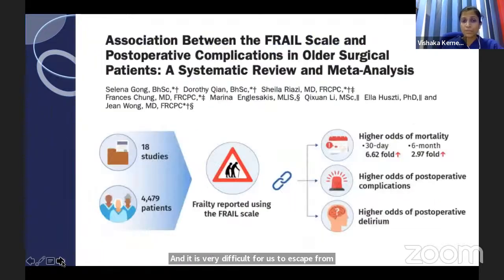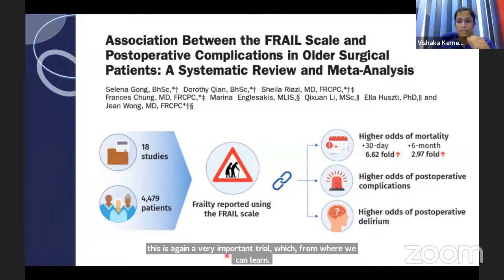And so this is again a very important trial from which we can learn. This was published in the Anesthesia and Analgesia journal.